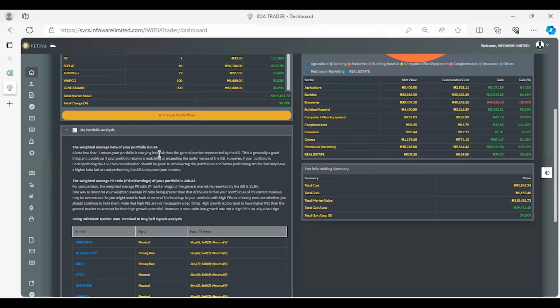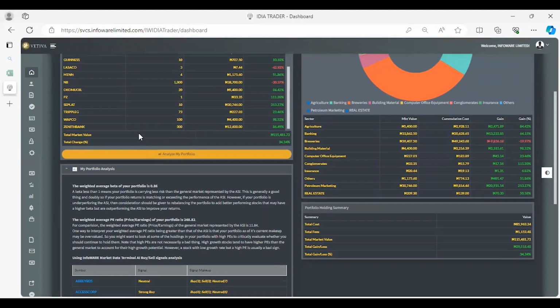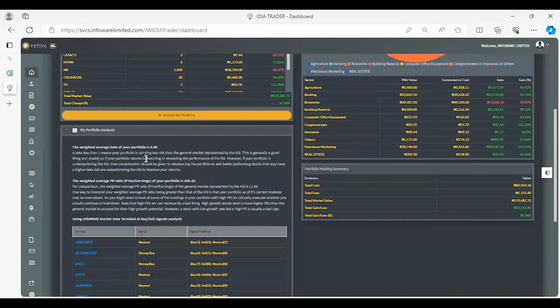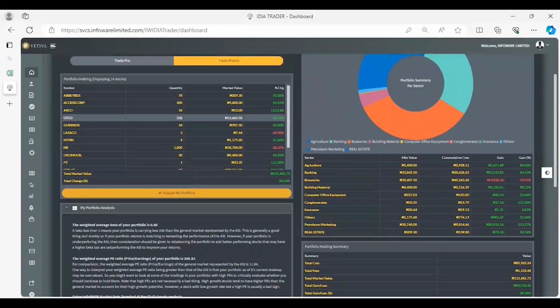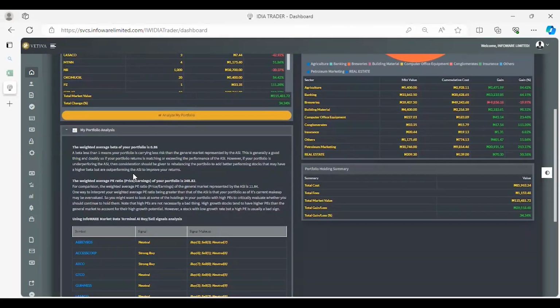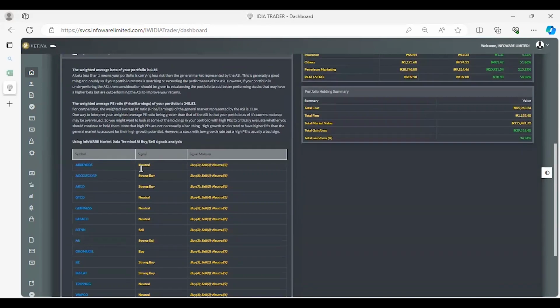If I have a beta of 0.86, it's saying that I have a well-distributed portfolio, which means that I'm carrying less risk, right? And if you look at it, I have my investment distributed, which means that I'm not exposed to even sectoral risk that much. You understand? So there's a lot of analytics you can get.